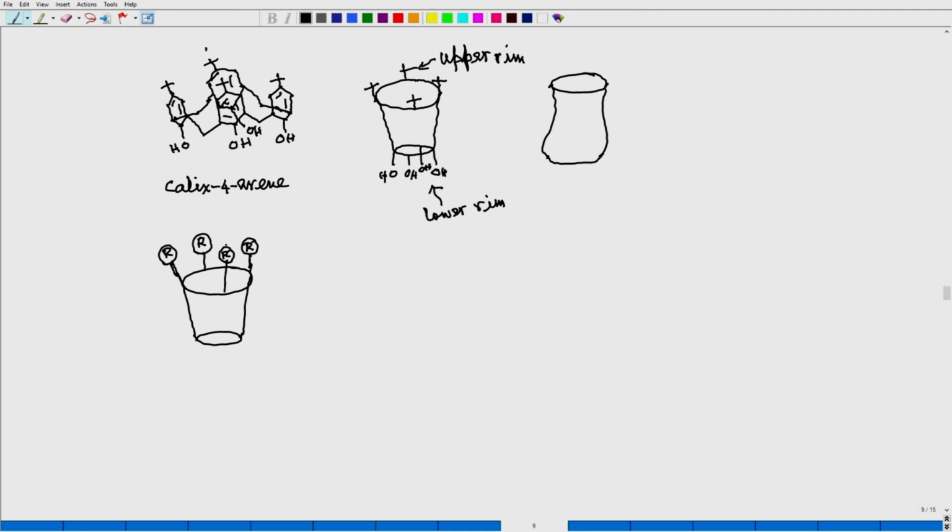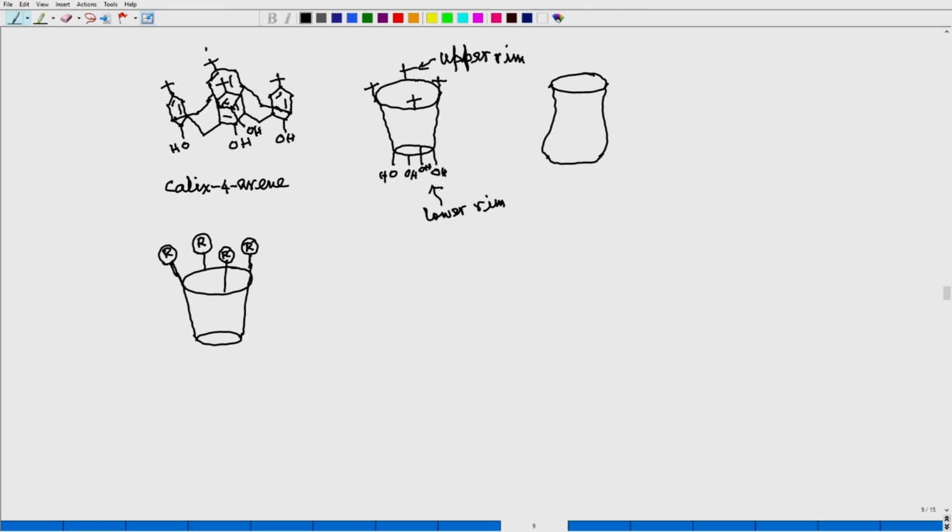Okay. All right. So, this particular calix 4 arene, all these compounds are conformationally very labile at room temperature, and that can be monitored by NMR spectroscopy also. So, this is a calix 4 arene. I have not written the lower rims, they are substituted by hydrogens.